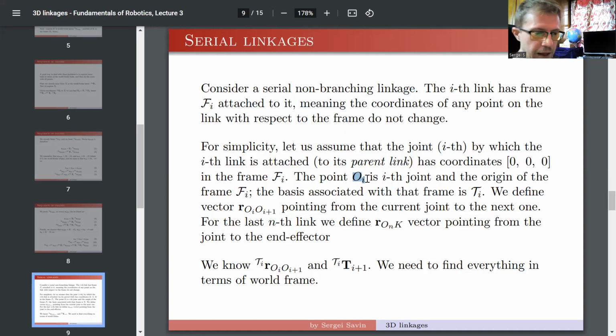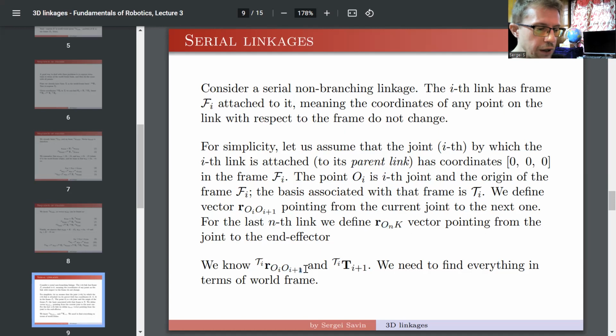We can define vector O_i O_{i+1}, pointing from the current joint to the next joint. For the last link number n, we can define a vector R_{On K}, which is a vector pointing from the joint to the end effector, the gripper. The gripper is what we have at the end of the robot, something that grips.